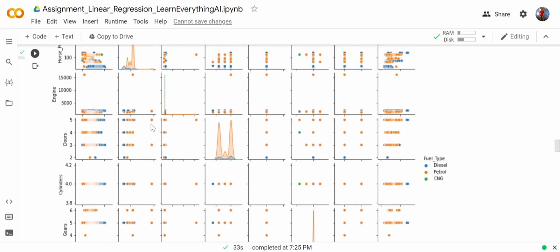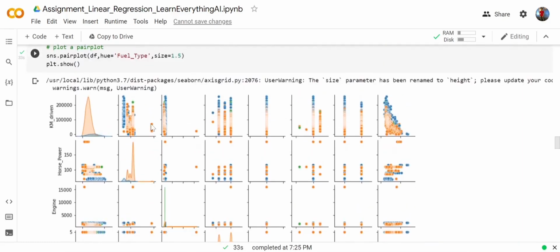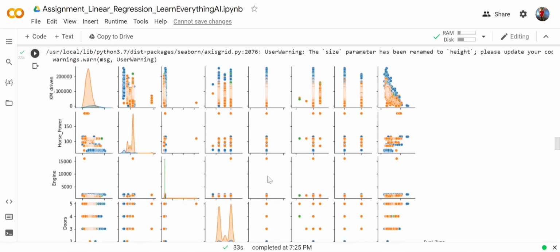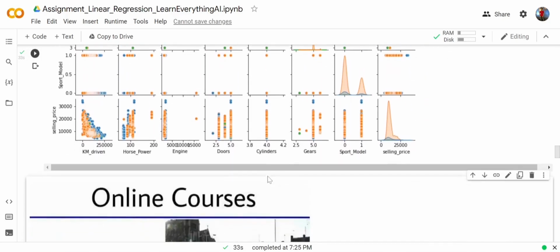So we have our output here, and we can see that for fuel types like diesel, petrol, and CNG marked with their respective colors, how these variables are showing their different variations and how they are actually related to each other. So this is also an important analysis aspect for us.